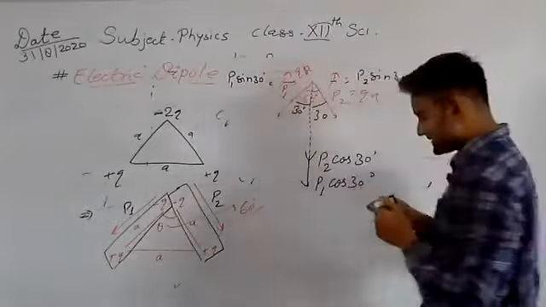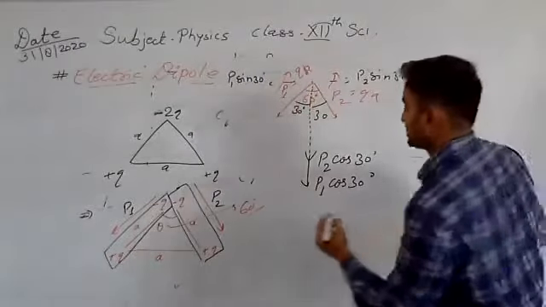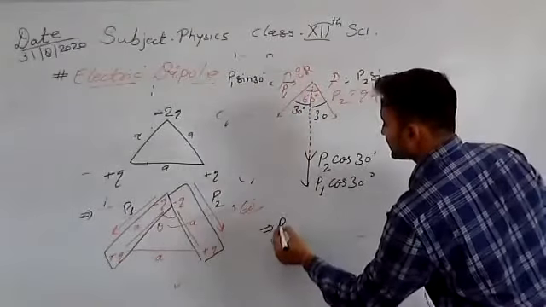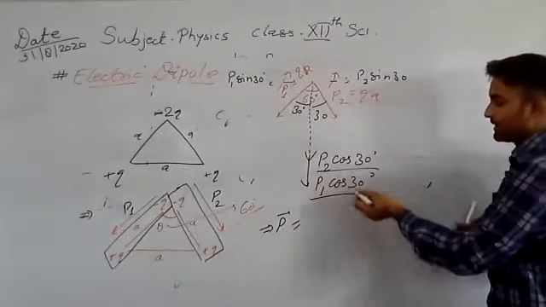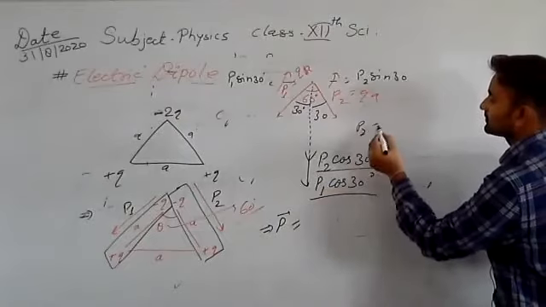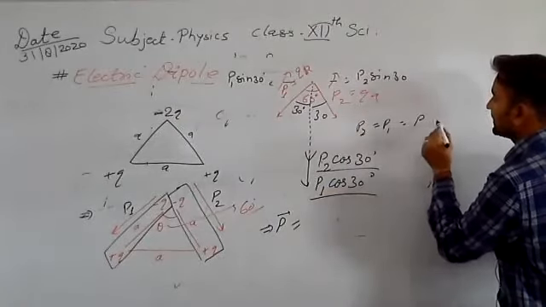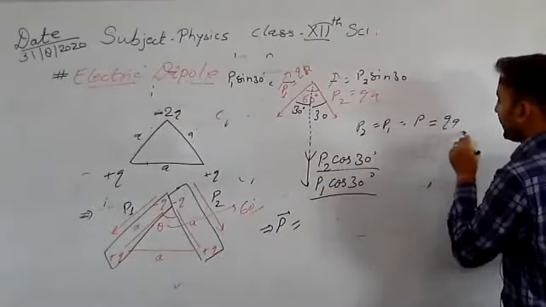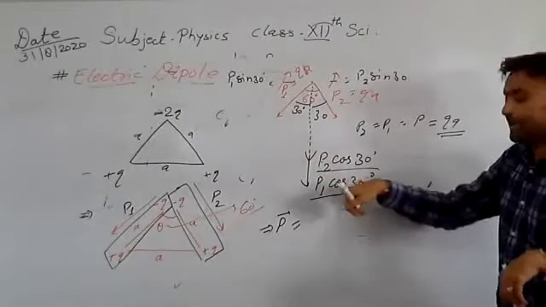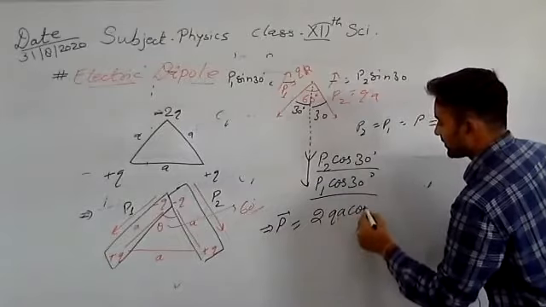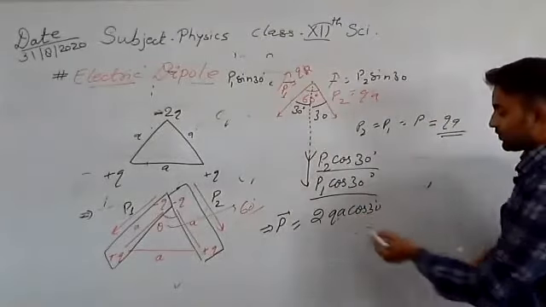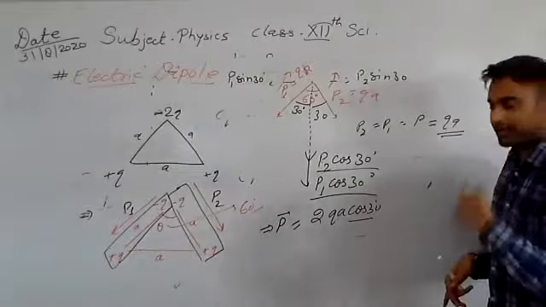So what will be my resultant moment? The resultant moment will be P2 cos theta plus P1 cos theta. This P2 plus P1 is equal to P, which is equal to QA. So it will be 2 times QA cos 30. What is the value of cos 30? Root 3 by 2.